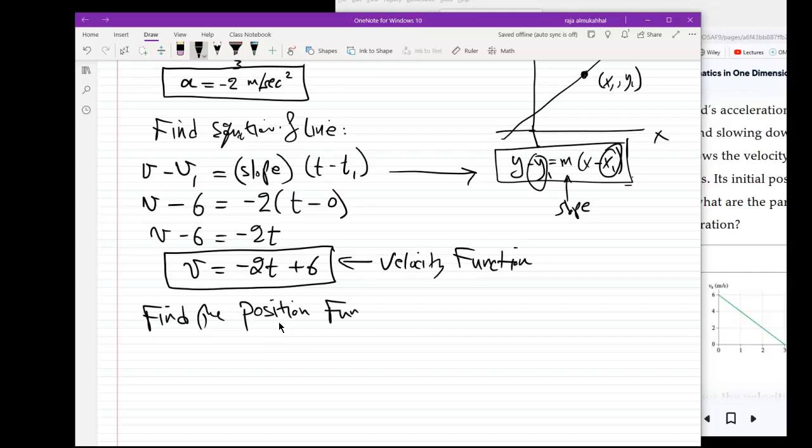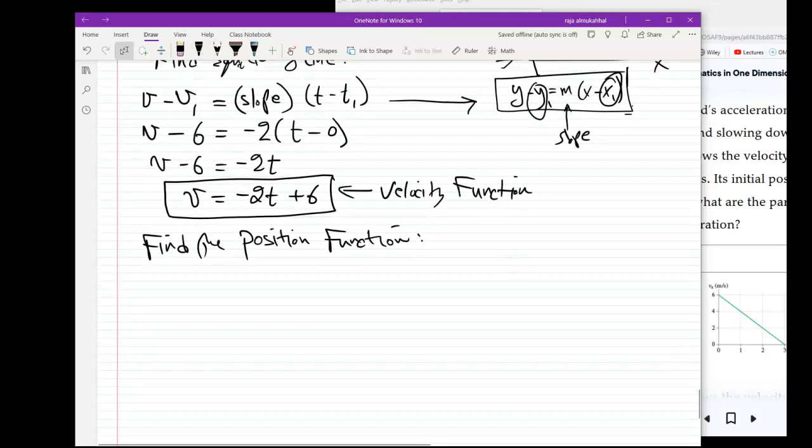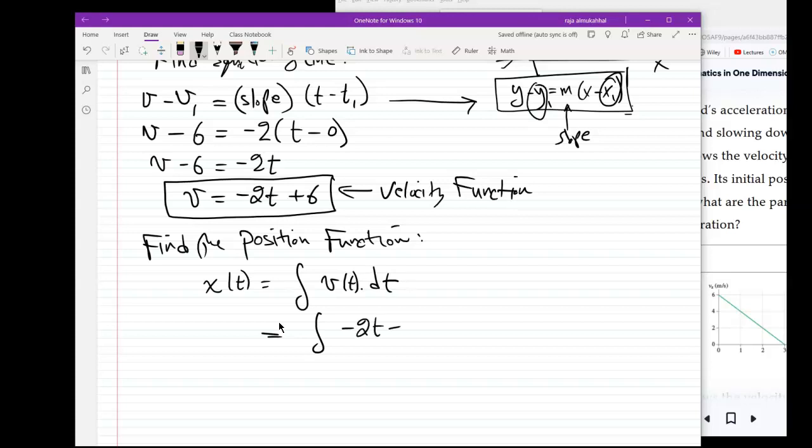Position function. And the position function is x of t, which is the integral of the velocity function. Is that right? So that's going to be the integral of negative 2t plus 6 dt.